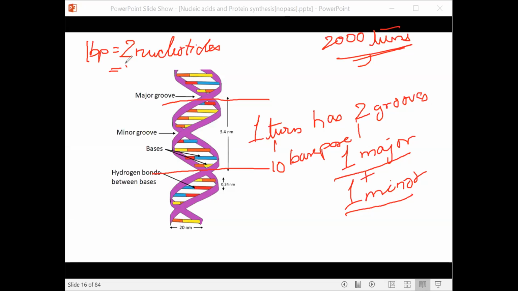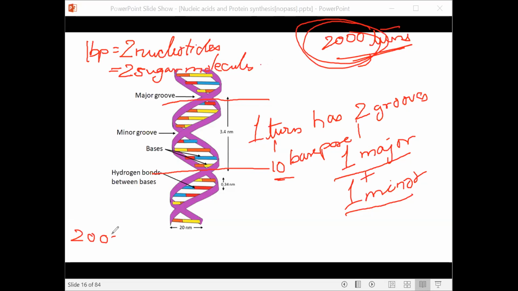So can I say one base pair is equivalent to 2 sugar molecules? The question is 2000 turns. One turn, 10 base pairs. That means 2000 turns into 10 is 20k, correct? One base pair, two sugars. That means 20k into 2 is equal to 40k.